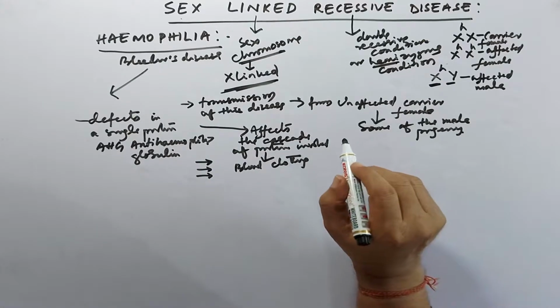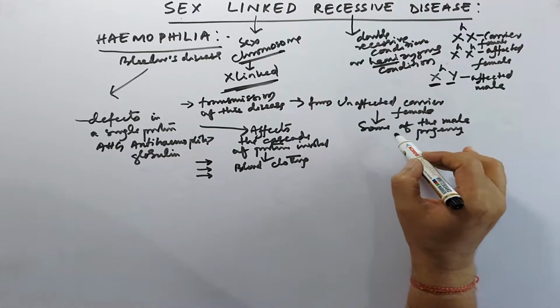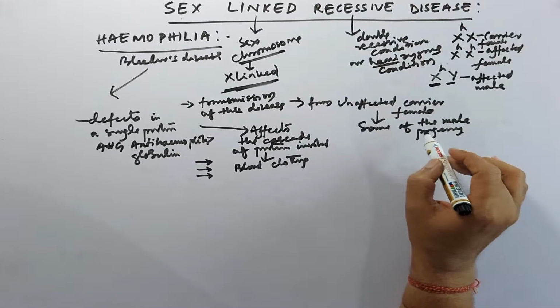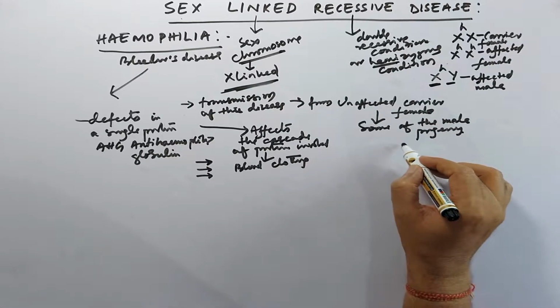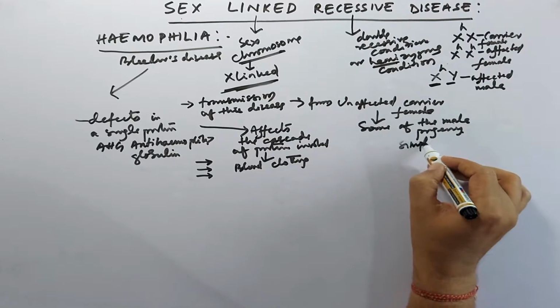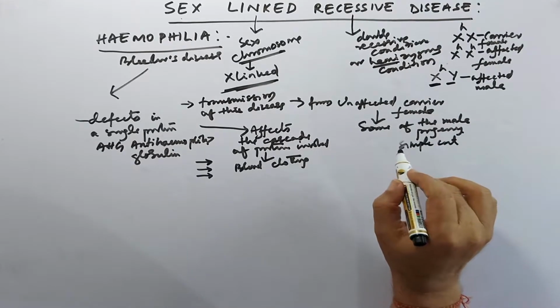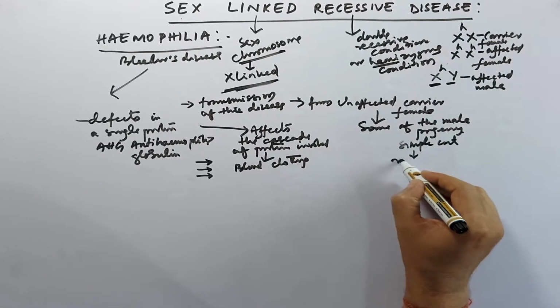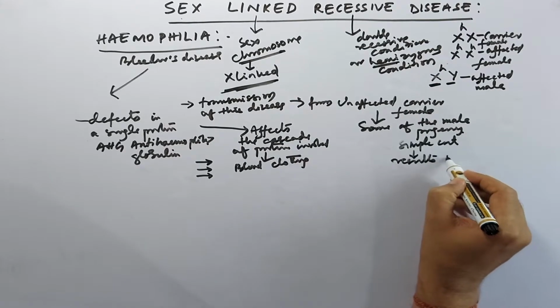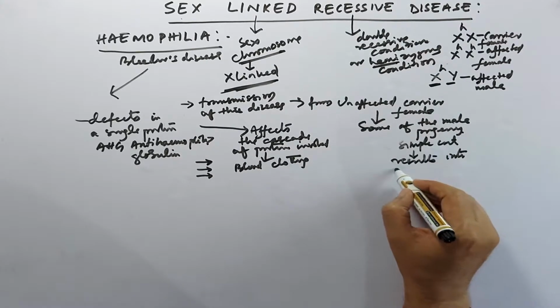So the progeny who are affected, when there is a simple cut, it results in non-stop bleeding.